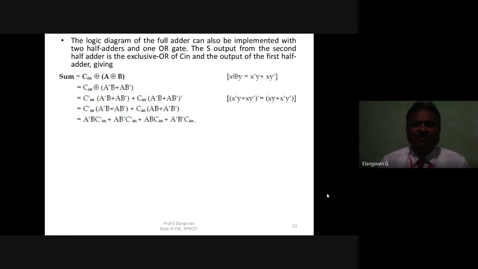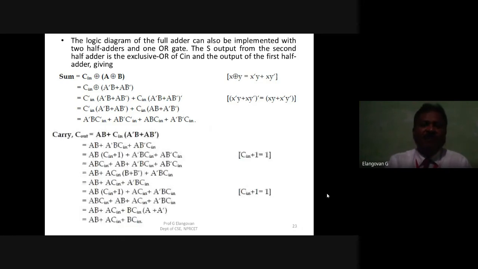Is it possible to reduce in a simplified manner? This is one of the simplified expressions. That is, we are trying to implement the full adder with the help of half adders. The name itself suggests that if you add two half adders, we will get a full adder. So that possibility we are looking at.